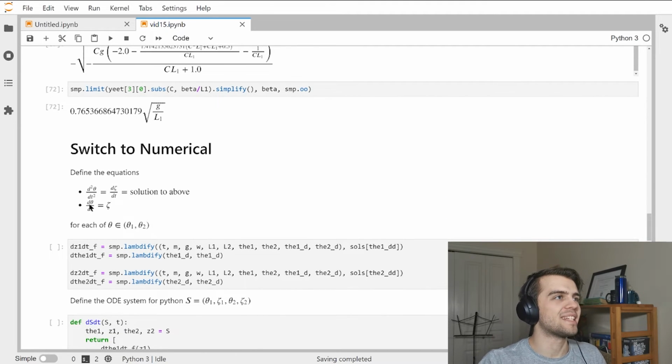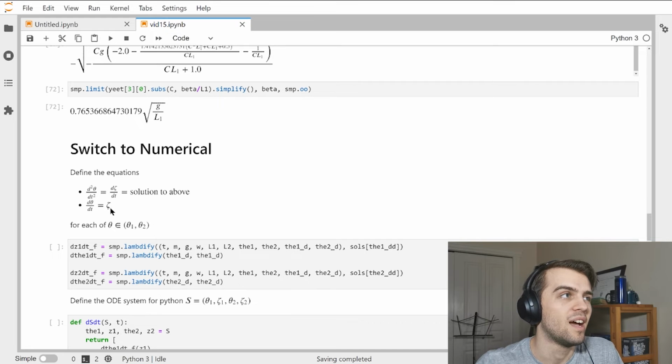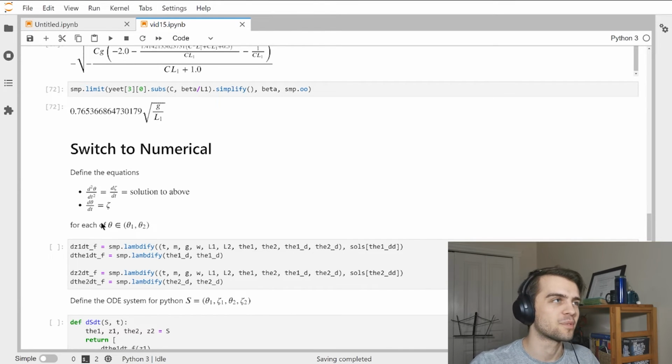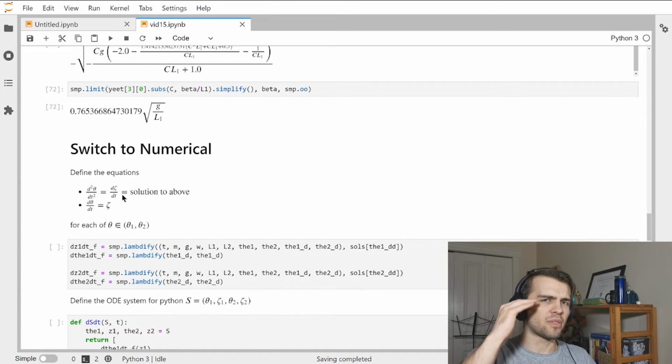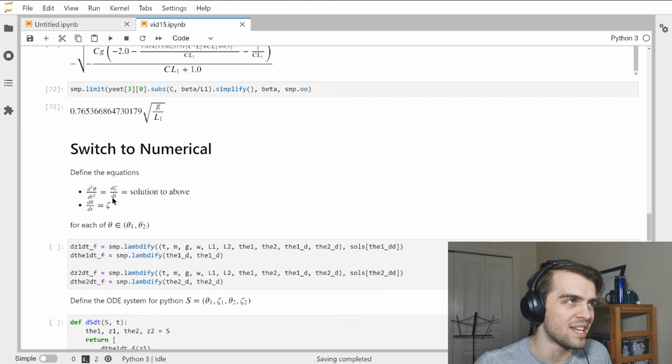I'm going to let d theta dt equal this zeta variable here. By the way, what a beautiful looking symbol, that zeta. I've never written it on paper, I don't think, but it's cool on the computer. So I define this new variable zeta as d theta dt, and then d squared theta dt squared is d zeta dt. Now you might think, how do I have two first order ODEs?